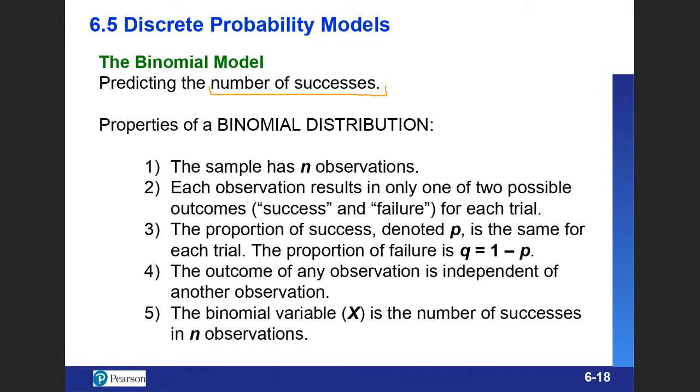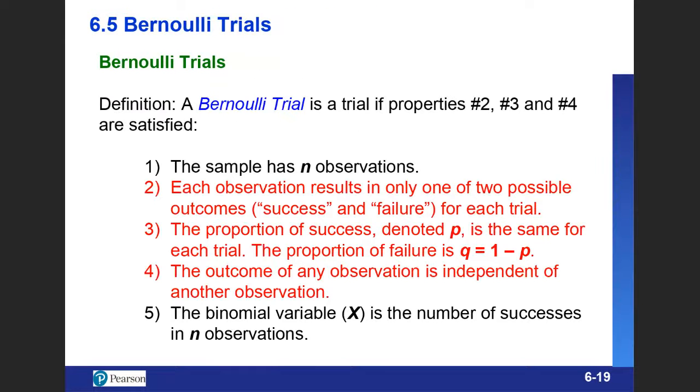One more thing about the properties of a binomial distribution. If your experiment or your phenomenon satisfies properties number 2, 3, and 4, then we say that it has completed a Bernoulli trial. Bernoulli is named after Daniel Bernoulli, who was a Swiss mathematician, and he was known for his work in probability and statistics.